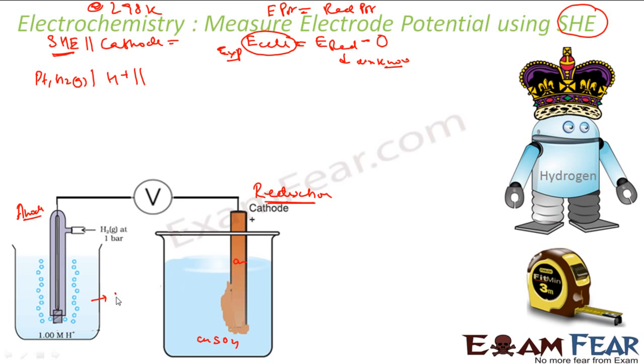This H plus is my electrolyte here, HCl or H plus, 1 molar. Then I have a copper sulfate solution. The Cu2 plus is my electrolyte here, and I get copper as the output. This is my whole cell representation, and both H plus and Cu2 plus are 1 molar, because I'm talking about standard conditions, all 1 molar.